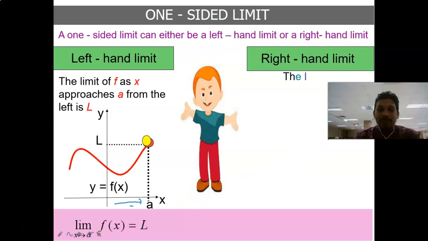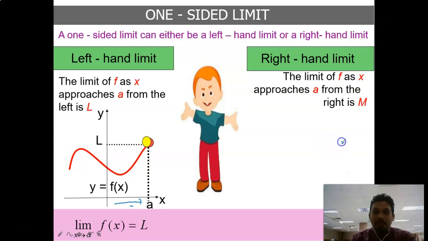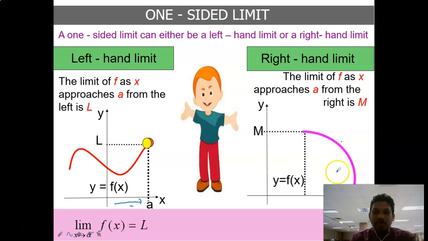And also the right-hand limit. For example, there is only graph approaching x equal to a here from the right side. From the left, there is no graph.